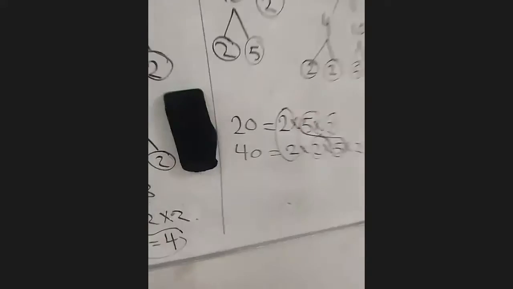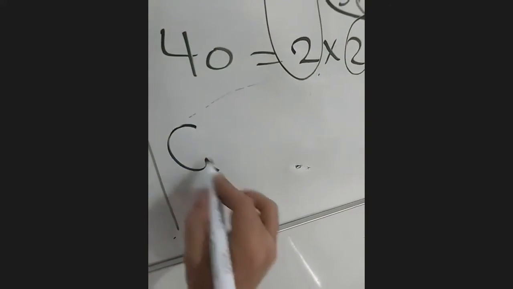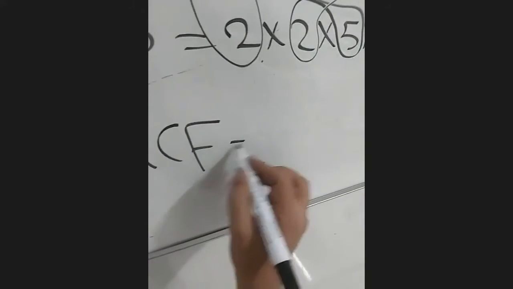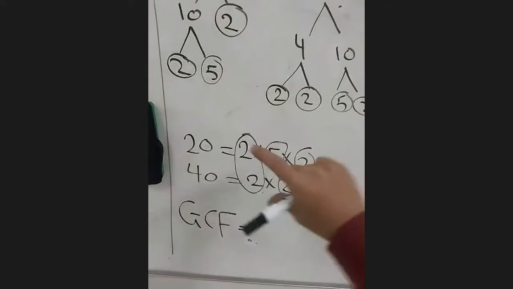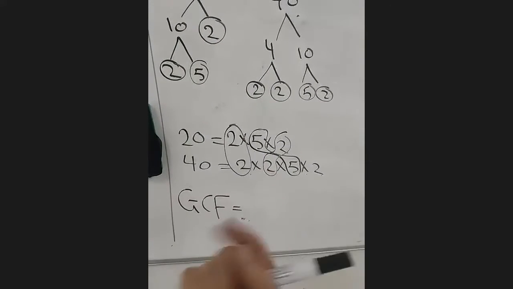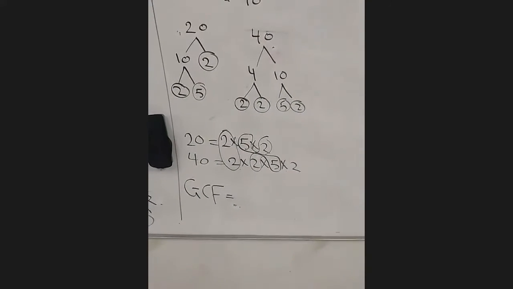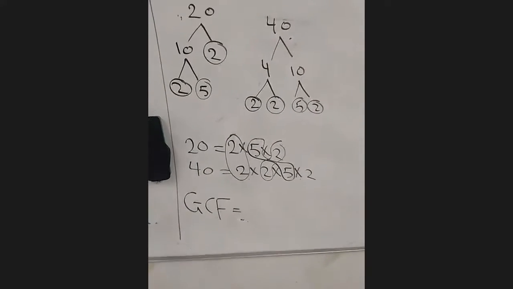Okay, now we finish? No, it's not finished. We need to find the greatest common factor. What will we do, Ya Jalal? From each common group, we will take one number only.